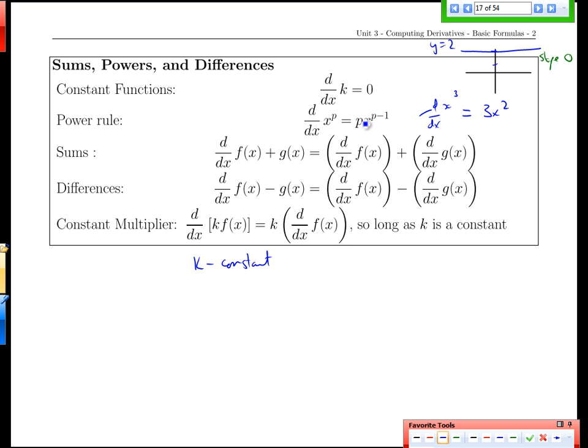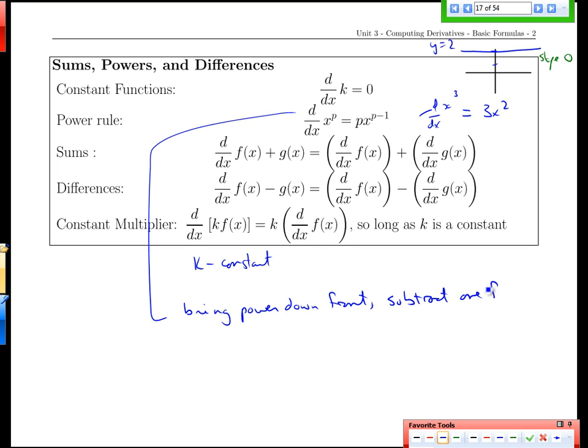Things we can say about that as an expression are bring the power down front, and then subtract 1 from the power. That's the most typical way students learn to memorize this particular rule. So if we have a power of x, you bring the power down front, subtract 1 from the power.